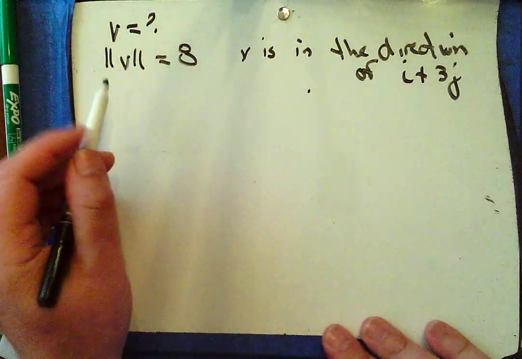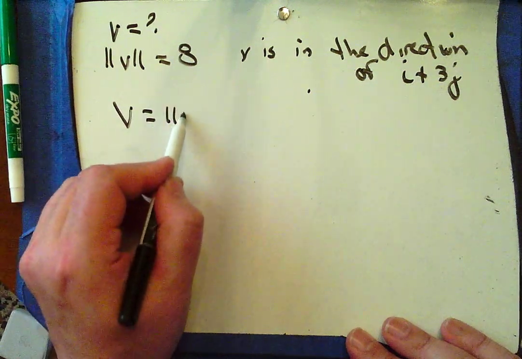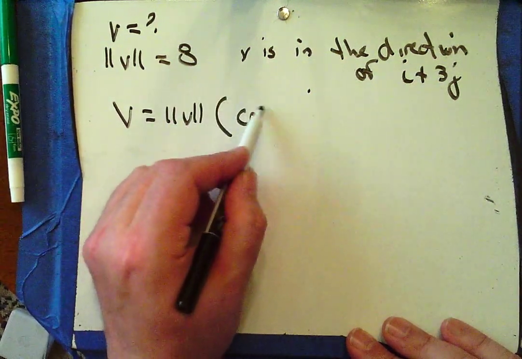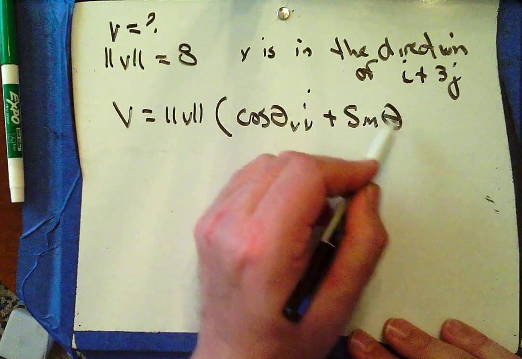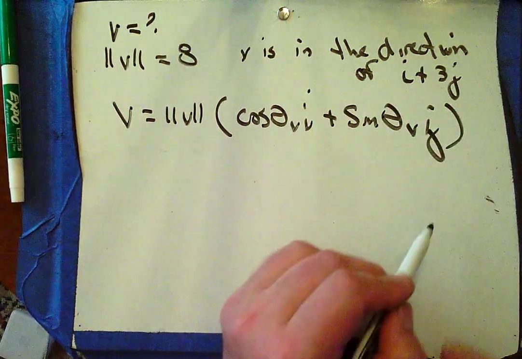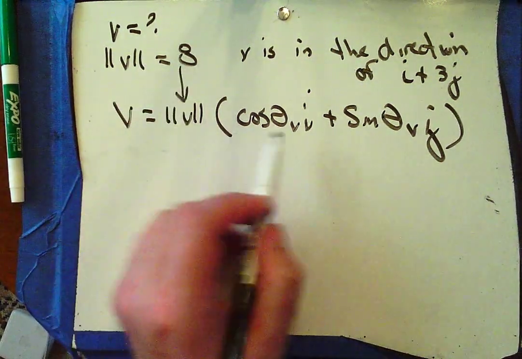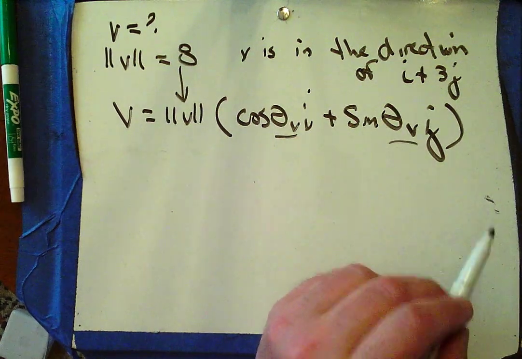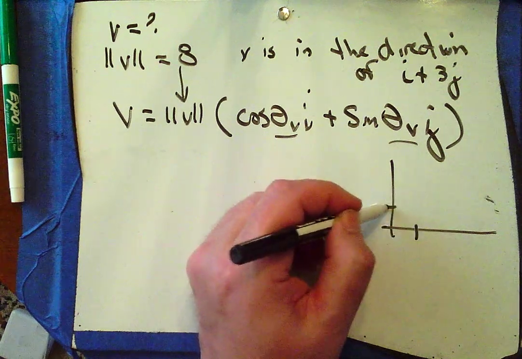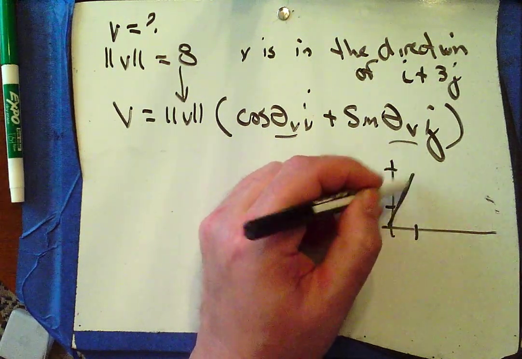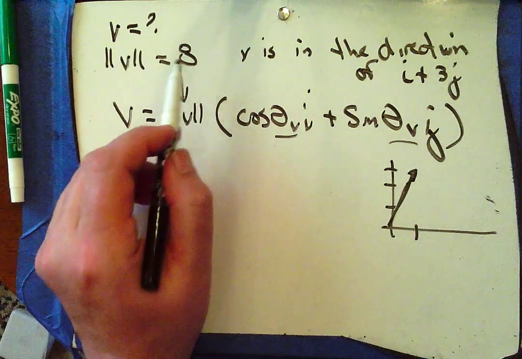Okay, so if I think about using v equals magnitude of v times cosine theta v i plus sine theta v j, in order to make this formula work, not only do I need the magnitude, but I need this direction angle. Now I have the direction I'm headed off in. I can draw that picture, go over 1 and up 3. I want to head in this direction, but I want with this magnitude.